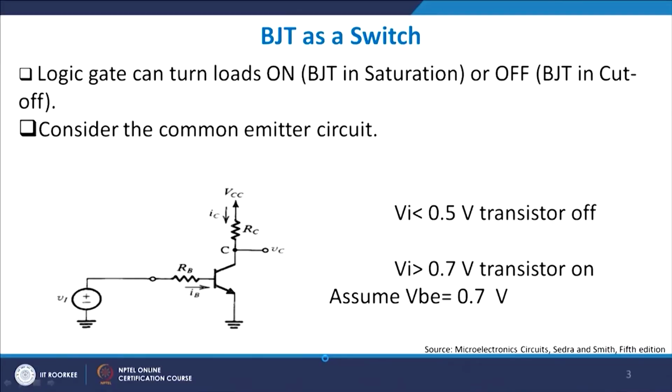Now, we will be looking first of all at BJT as a switch. That is the first part in this idea, and they have been used for all your transistor logic, which is basically TTL. So, let us see how BJT can work as a switch.